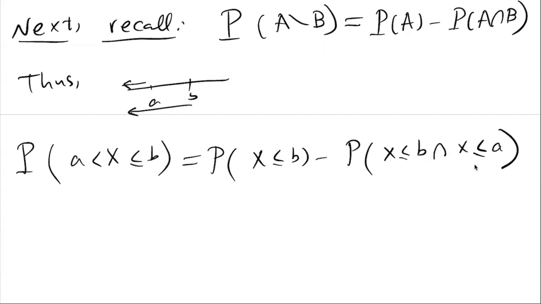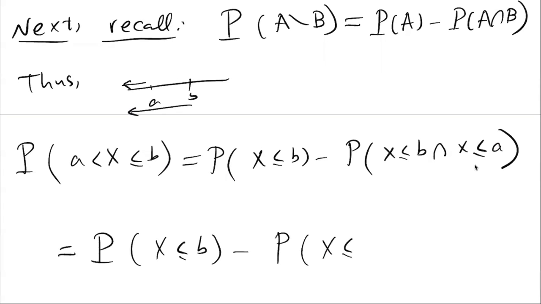The intersection is same as X less than or equal to A. So this can be written as P of X less than or equal to B minus P of X less than or equal to A. Intersection of these two sets is X less than or equal to A, as you can see from this picture.